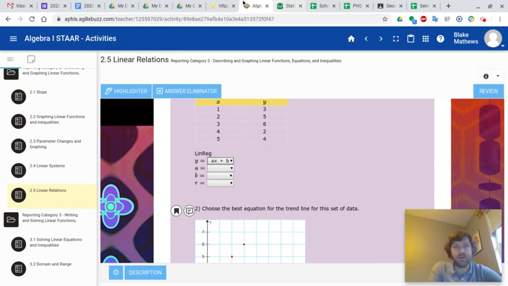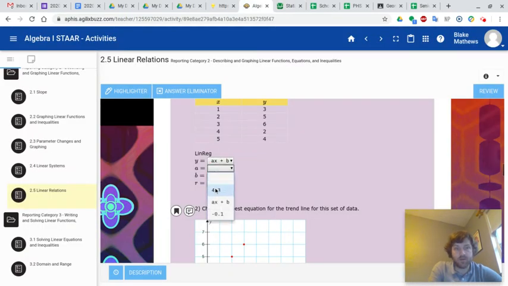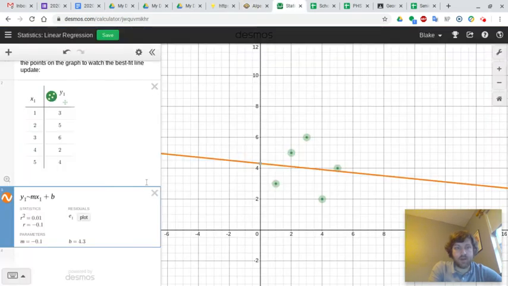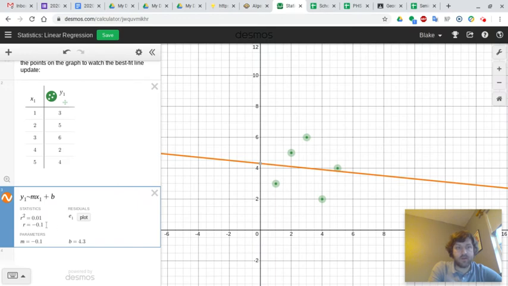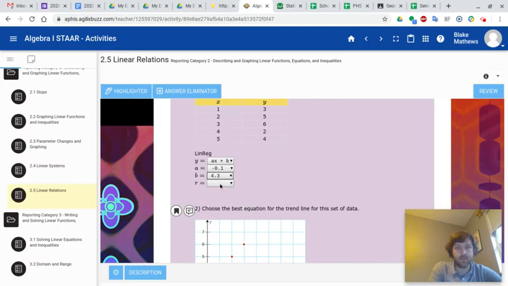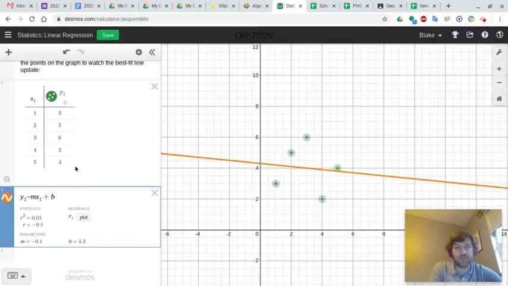Our a value is going to be our m value right here, so our a is negative 0.1. Our b value is 4.3. And our R value is negative 0.1. That's all you have to do. Once you enter the data, you just have to identify the M, which is the A, the B, and the R value.